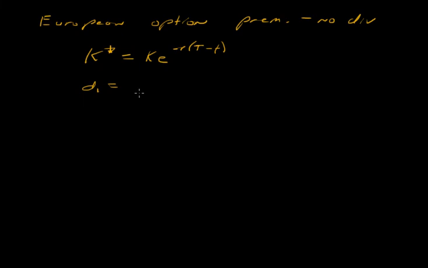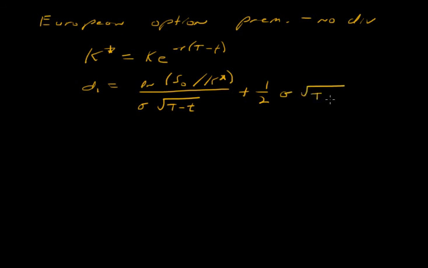Our D1 value is the log of the price over this revised strike price, divided by our volatility, and then we're going to again look at how long we have left, plus 1/2 of that same value.